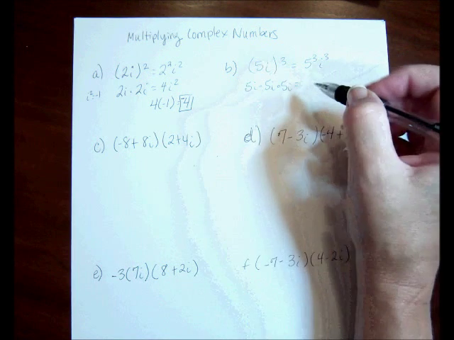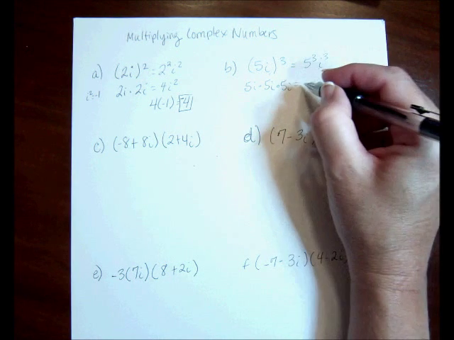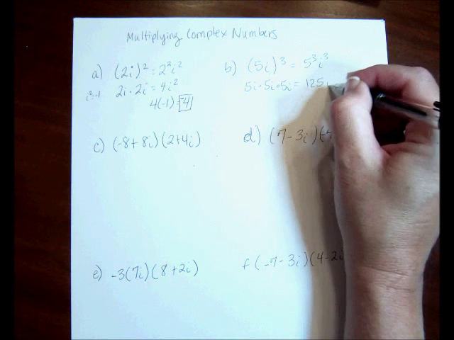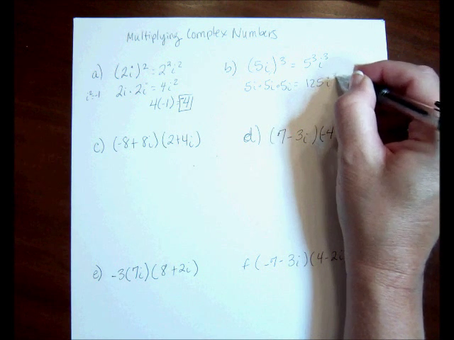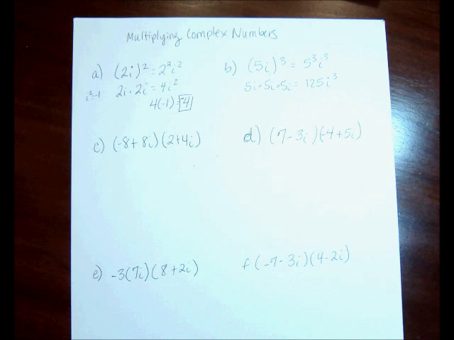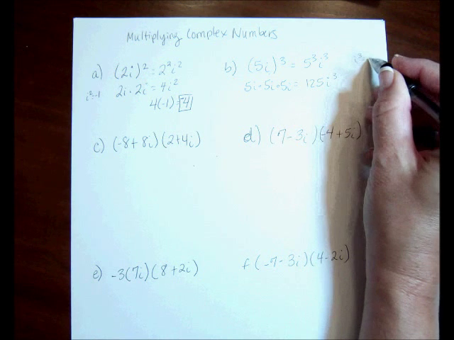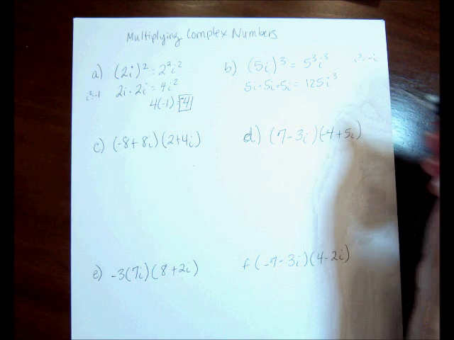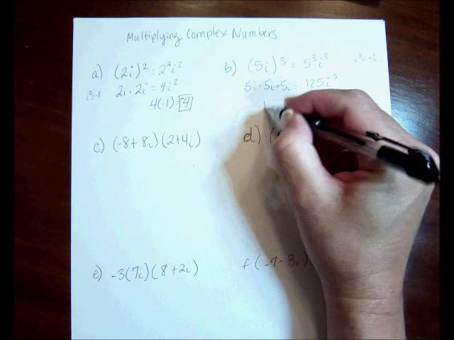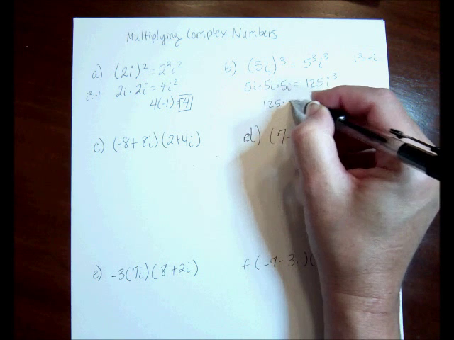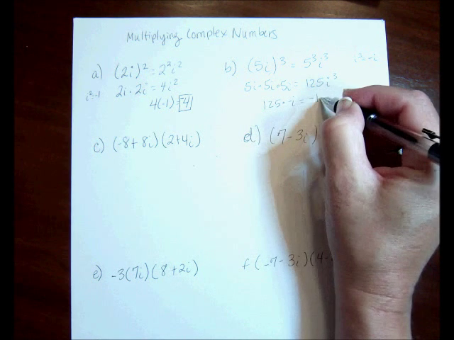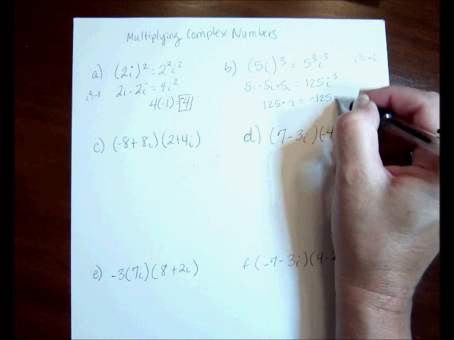So I take my real numbers, 5 times 5 times 5, which is 125, and then I take i to the third power. Looking at your powers of i worksheet, you can see that i cubed is equal to -i. So I just plug in 125 times -i, and that answer is -125i.